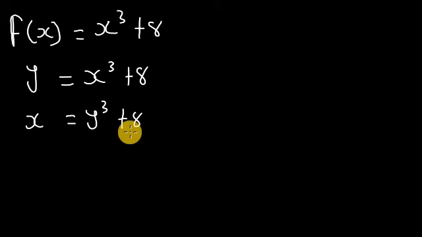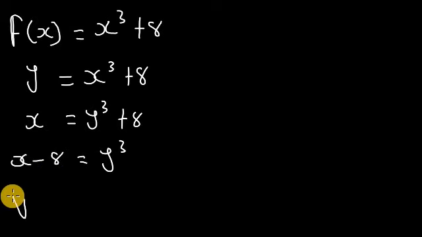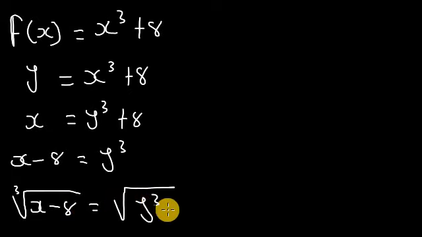So I would like to bring this positive 8 to the side, and I have x minus 8 equals y cubed. Then what I'm going to do next in order to get rid of this cube is to cube root both sides, or I should multiply both sides by an index of 1/3. So that should be cube root of x minus 8 equals cube root of y cubed.